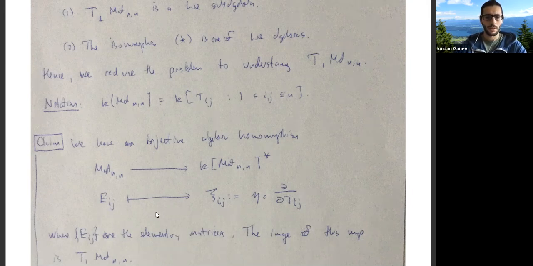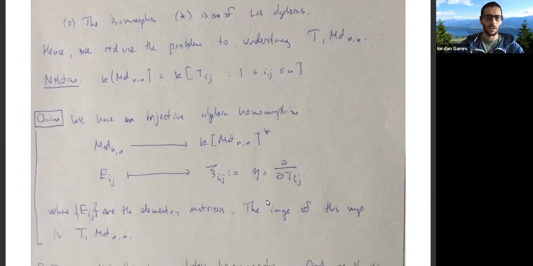So an elementary matrix Eij goes to this linear functional, which is in fact a derivation, where we first take the partial derivative with respect to Tij and then evaluate at the identity matrix. And we argued that this is an injective algebra homomorphism, and its image is exactly the derivations from the affine algebra that are valued in K1, this module given by the evaluation at the identity map.